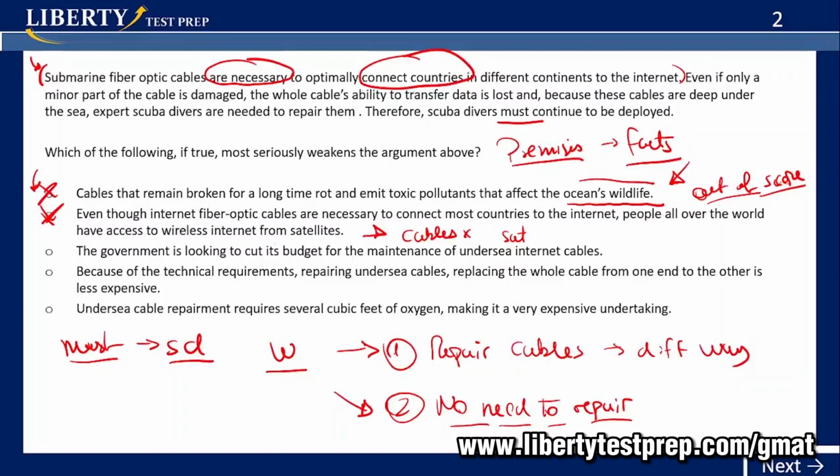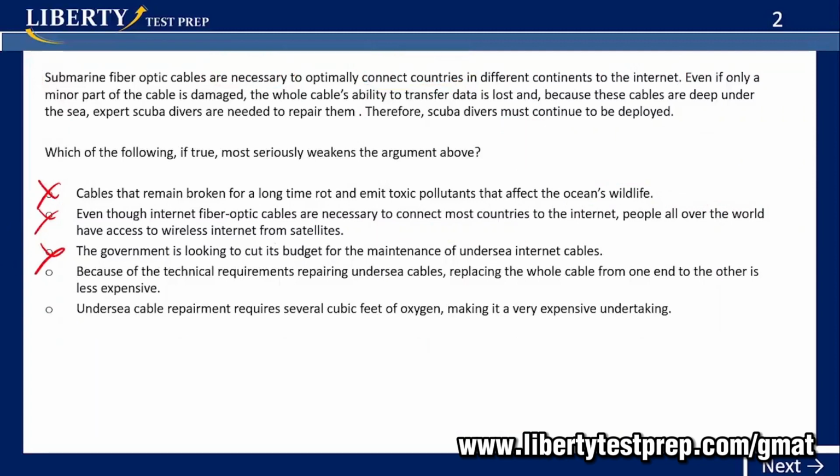Money is an issue here, yes, but it's not that much of an issue. It's not whether it's too expensive or not. It's whether you can truly find another solution in order to repair the cables, or in order to do something with the cables, but to be able to wire these countries in different continents up. Okay, you have to be able to connect them. That's the thing. In letter C, they are not talking anything about the connection. So that's out.